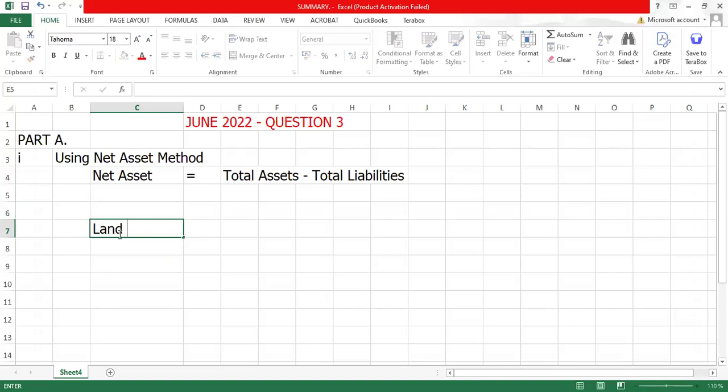Land and building. Do we have any adjustment in additional information? Here we are trying to get the total assets. Do you have any adjustment in additional information? We don't have.